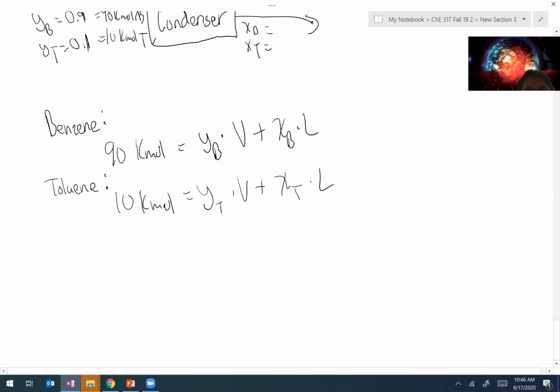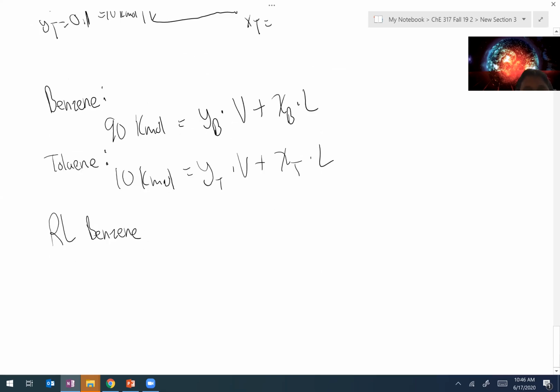And then for Raoult's law, benzene, you would have Y of benzene times the total pressure equals X of benzene times the vapor pressure. And the same thing for toluene.